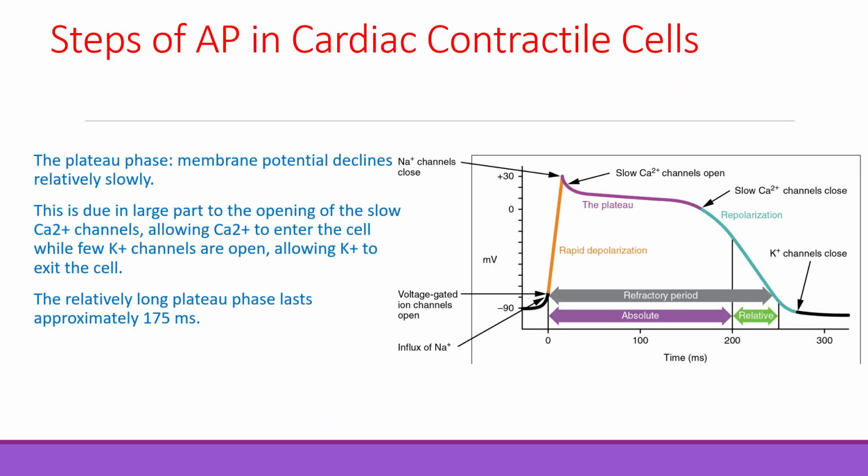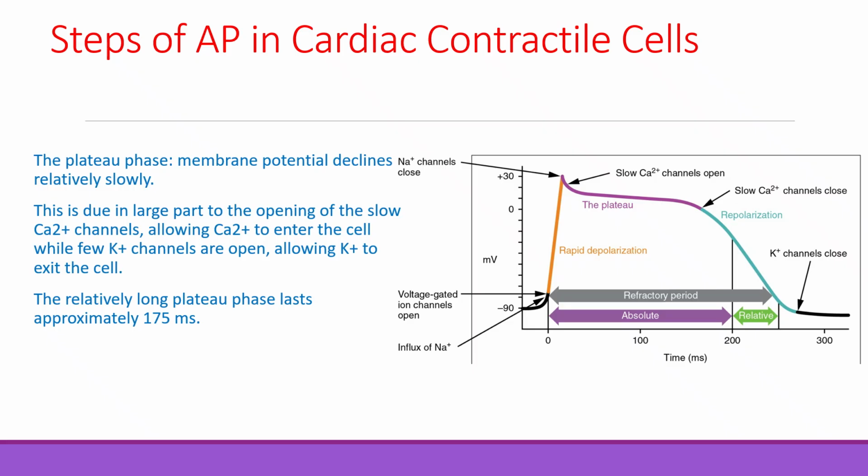All right, next we have the plateau phase. And so you see that purple flat line. This is a slow decline that you're seeing. This is due in large part to the opening of the slow calcium channels. This allows calcium ions to enter the cell while few potassium channels are open, allowing the potassium to exit the cell.